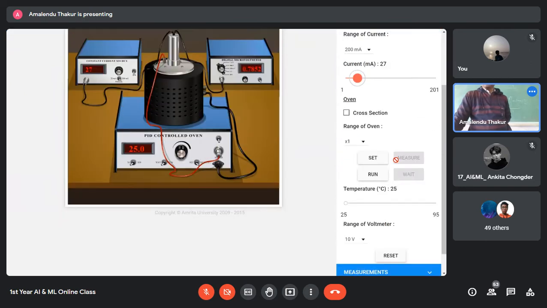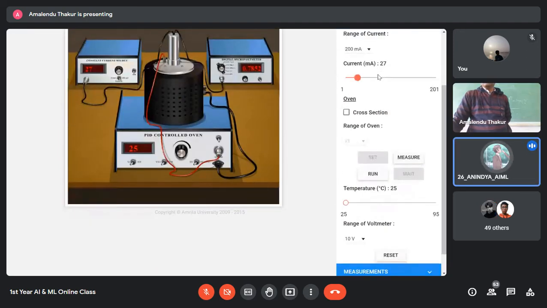Now you set it. I have set it. Now see, we just run the system. Every parameter is already defined. That means we supply the current to the semiconductor, which here is 27.